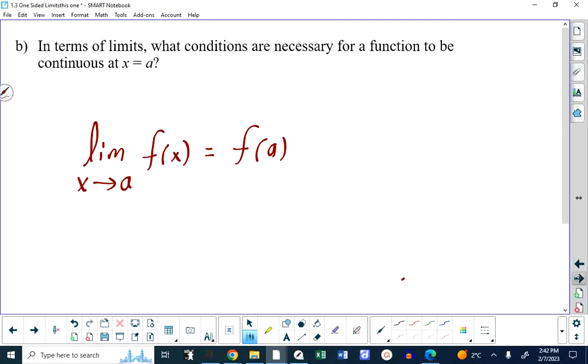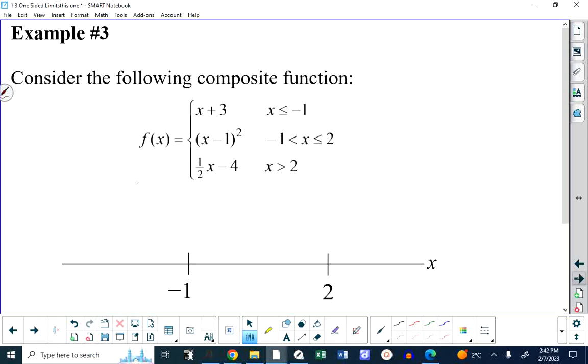But let's do another couple of examples. Consider the following function. This time we have a domain of x being less than or equal to -1. And if x is less than or equal to -1, the function is x plus 3. And you can write this number line graphic down or not.